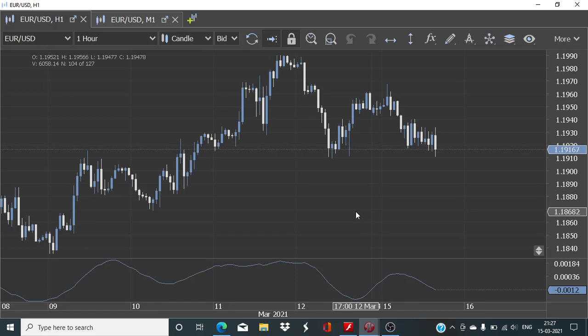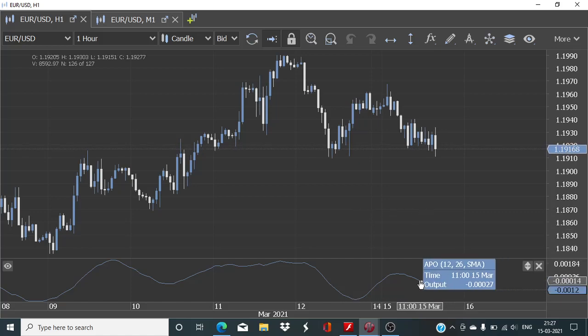So here is the Euro USD chart on the hourly time frame, and the APO has been plotted here. And as you can see, we have the APO guiding us in looking at the trend of the underlying instrument. Whenever you see that the price is in decline, the APO is also declining.